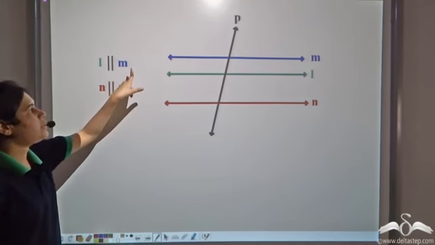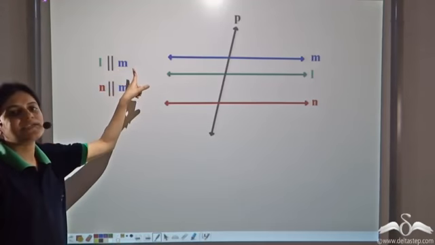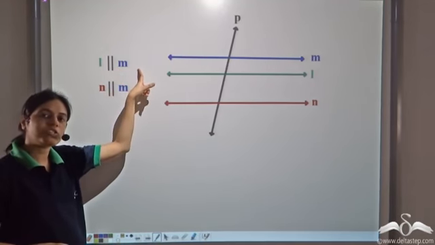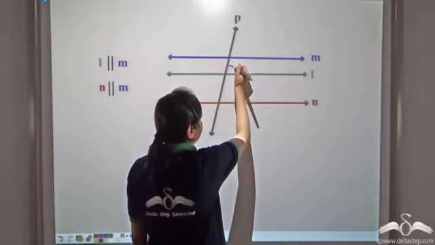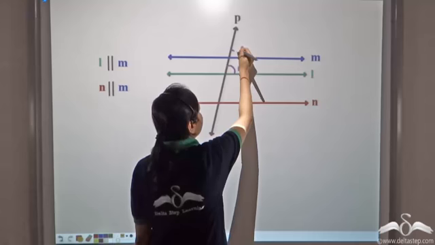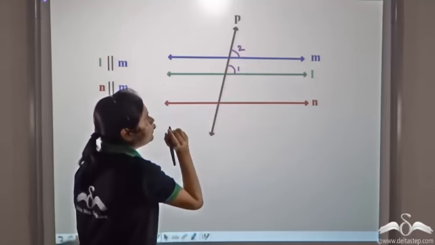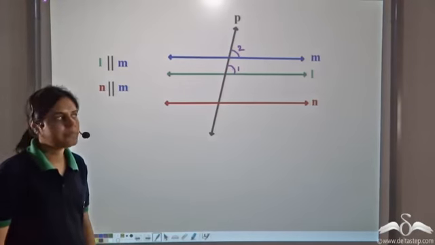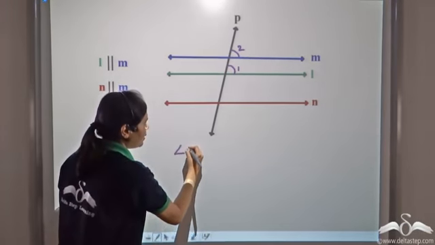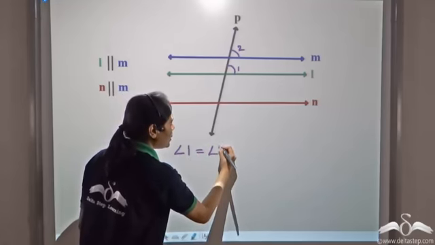So L is parallel to M. When two lines are parallel, then their corresponding angles are equal. So if I call this angle 1 and this angle 2, then these are the corresponding angles of L and M. So I can say that angle 1 is equal to angle 2.